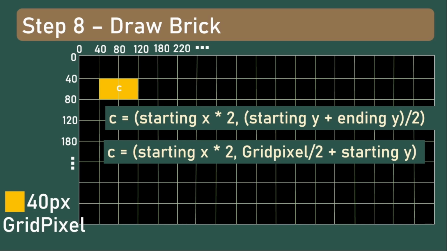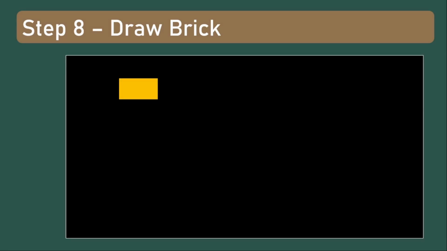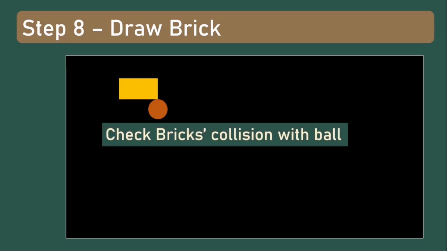So if your starting Y is 40 and you add half of the grid pixel, which is 20, you will get 60 as your center Y. We'll be using this second formula in our program, and that will give us a brick like this. After we've drawn the brick, at some point, we also need to check the collision between the brick and the ball so that we can remove the brick from the screen.